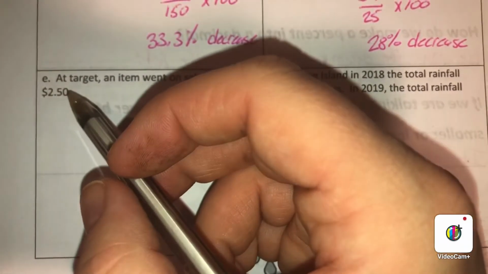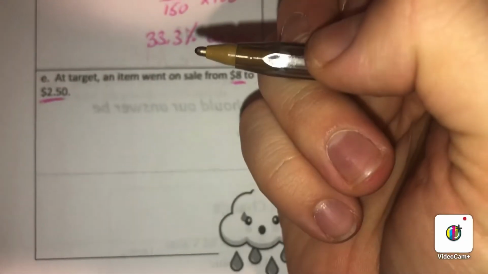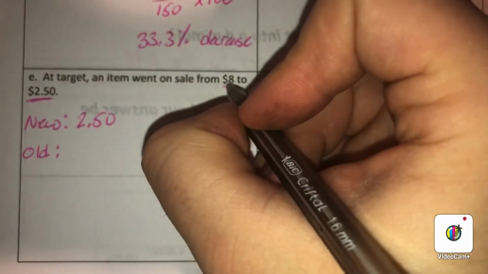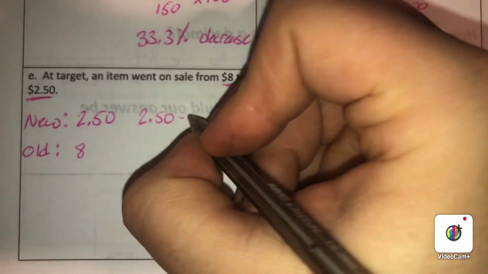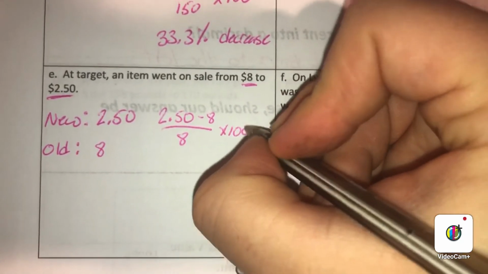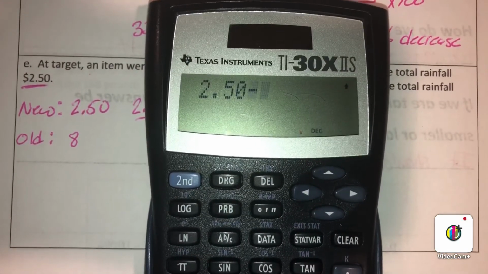E. At Target, an item went on sale from $8 to $2.50. So our new price is $2.50. Old was $8. So $2.50 minus $8 over $8 times 100. $2.50 minus 8, you get negative 5.5.